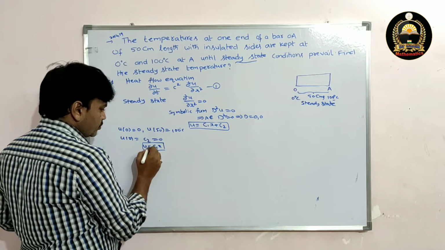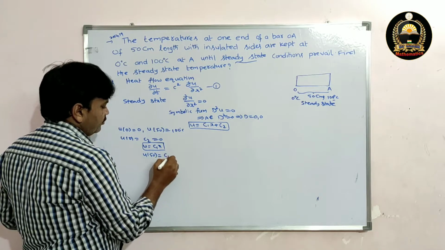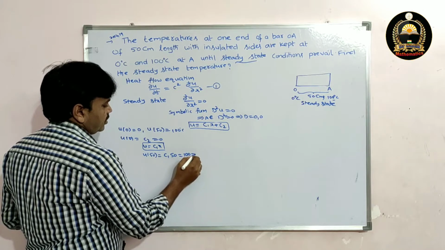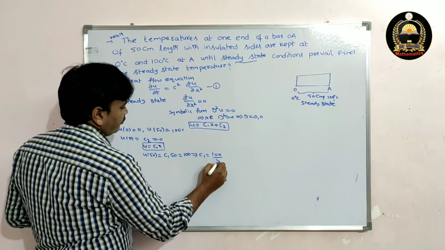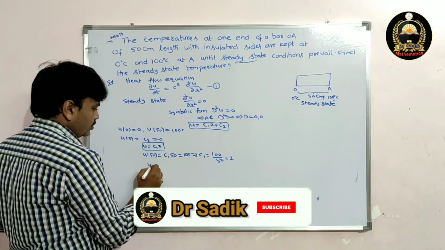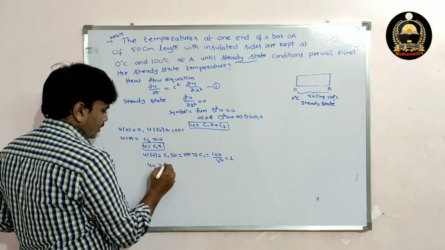Now using the other condition, u of 50 is equal to C1 into 50, and this value is equal to 100. That implies C1 is equal to 100 by 50, that is equal to 2. So U is equal to 2x.